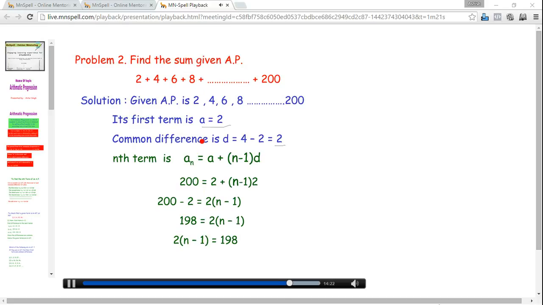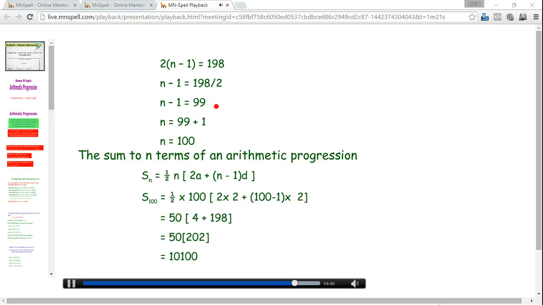To find the sum, we should first know the number of terms in the series. To find it, we use the formula Tn equals A plus (n minus 1) times D. Plug in the values: 200 equals 2 plus (n minus 1) times 2. If we simplify, we get 2 times (n minus 1) equals 198. Here n minus 1 is 198 divided by 2, and n comes out to be 100.